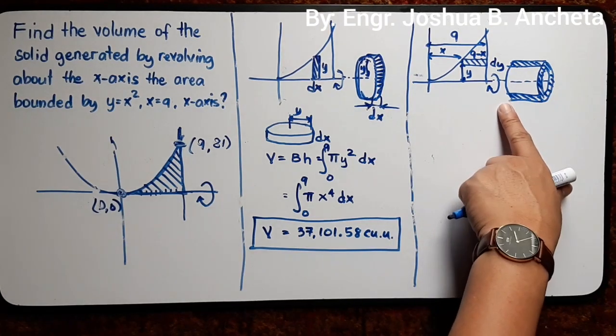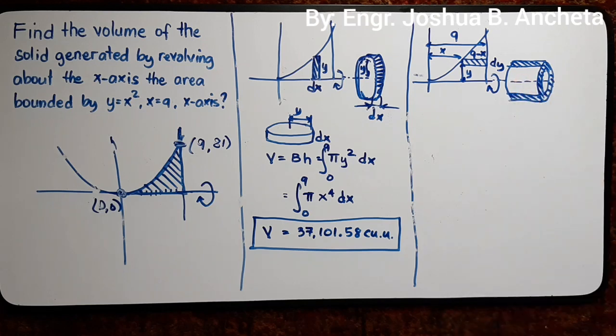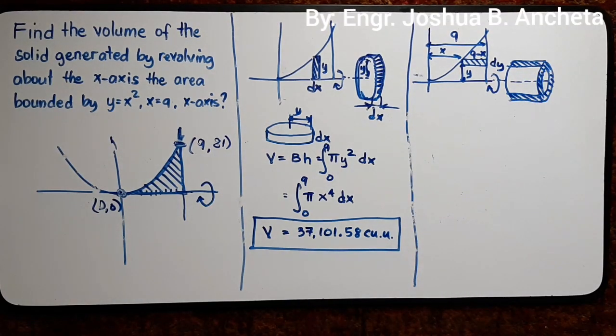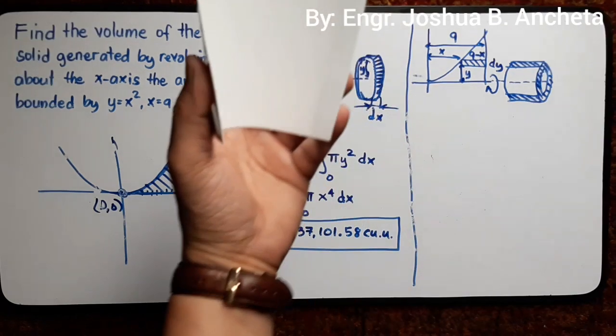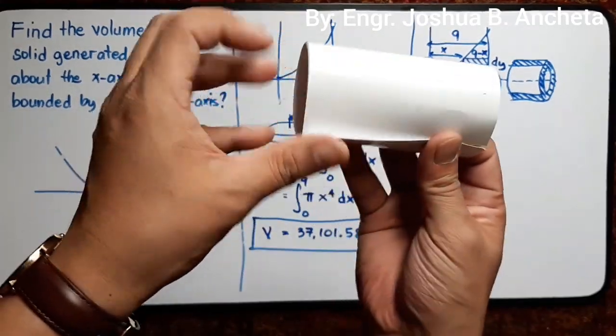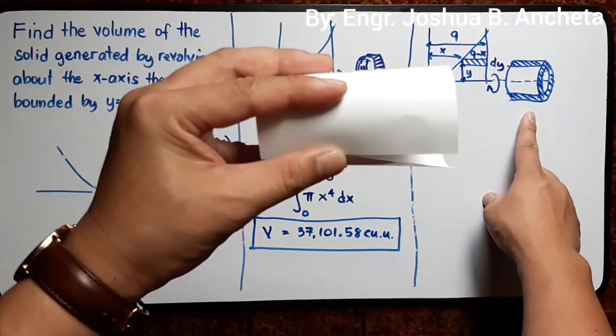This looks like a cylindrical shape with hollow inside. To get the volume of this figure, let me illustrate using this paper. This is the generated figure.